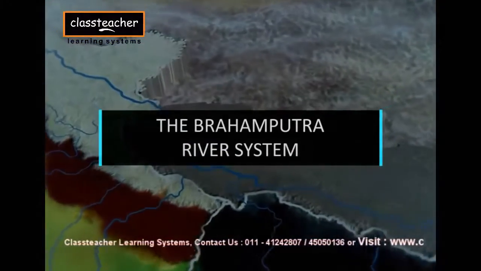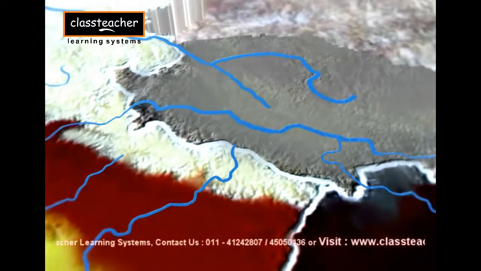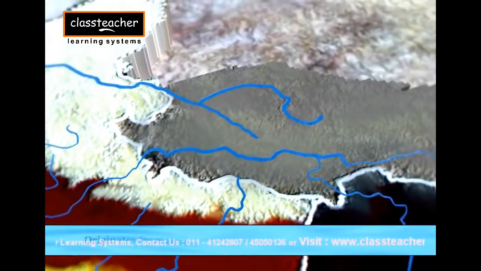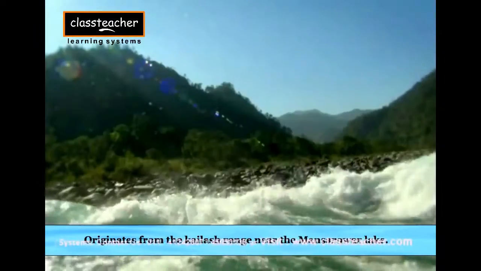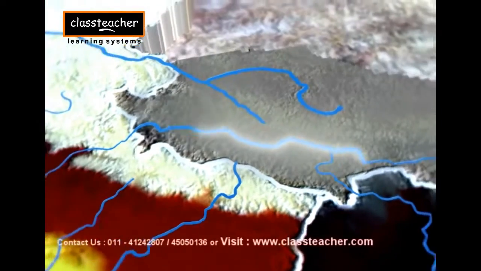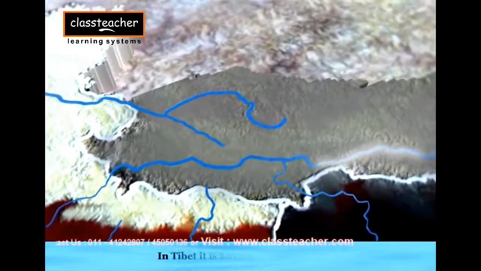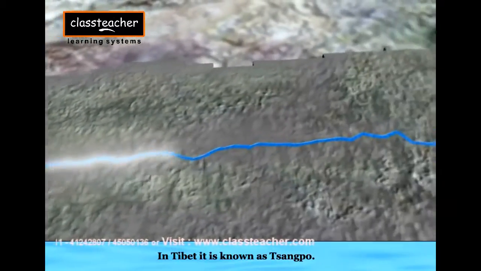The Brahmaputra river system. The Brahmaputra, one of the largest rivers of the world, has its origin in the Chemayungdung glacier in the Kailasa range near the Mansarovar Lake. From here, it flows eastward parallel to the Himalayas, where it is known as the Tsangpo, which means the purifier.